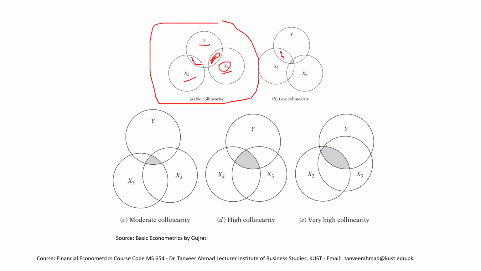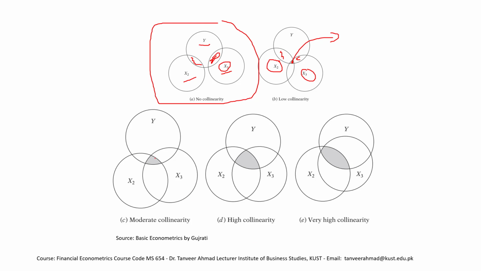We know what this is. This is the variation in y explained by x2, and this is the variation in y explained by x3. What about this gray area? This gray area is the variation in y that is explained both by x2 and x3. So they both explain it. That means this part of the information is also represented by x3 and x2.